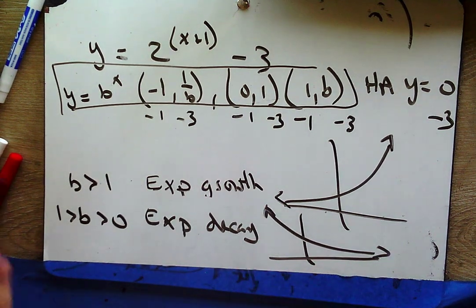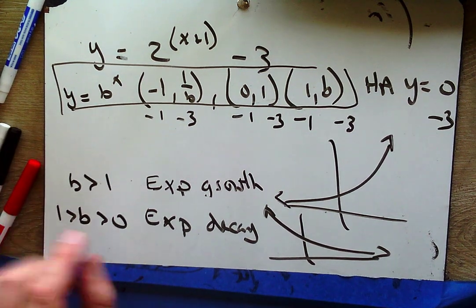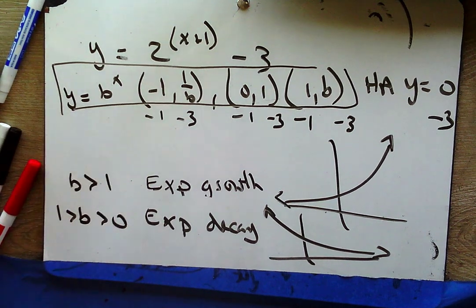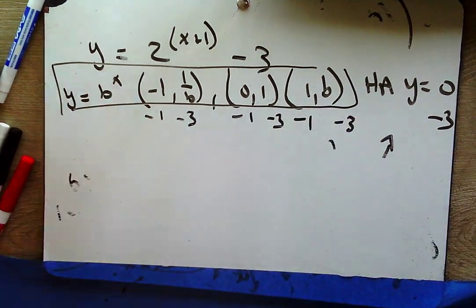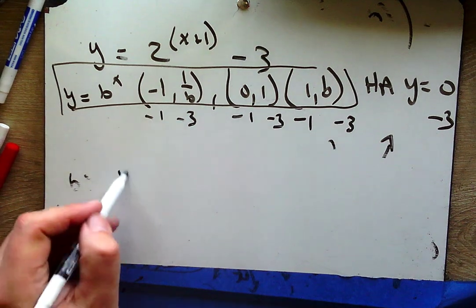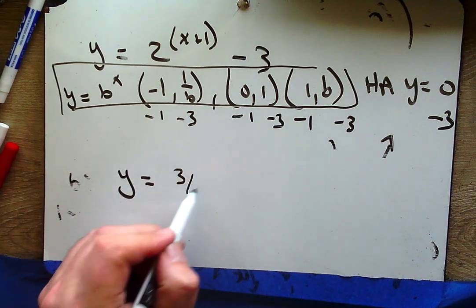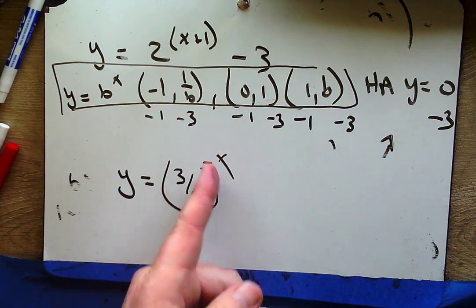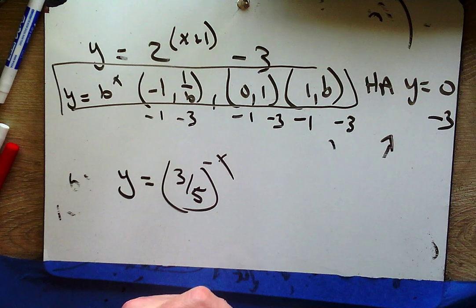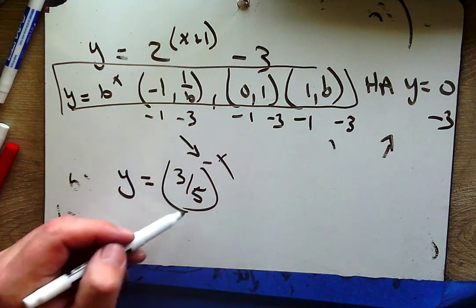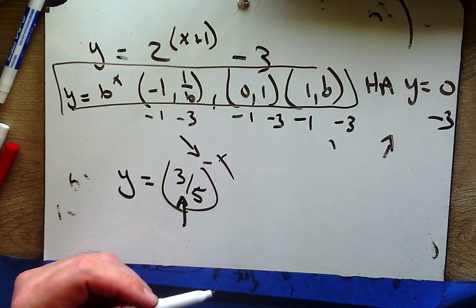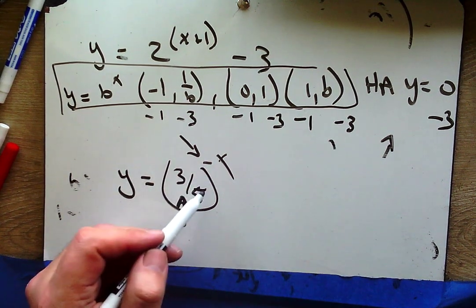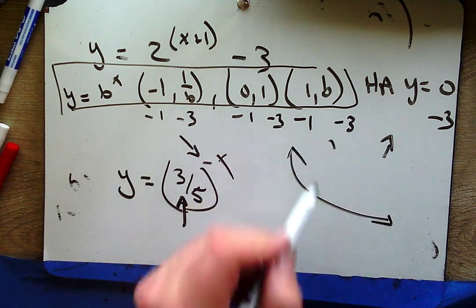Okay. So, oh, and by the way, transformations can change these relationships. What I mean by that is, if I have something like y equals 3/5 to the negative x, that fraction between 0 and 1 tells me I've got some decay going on.